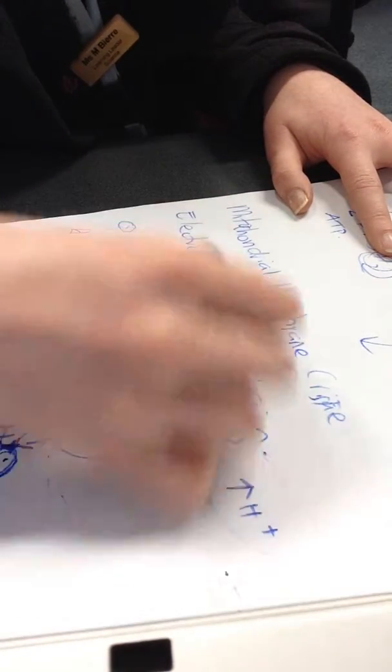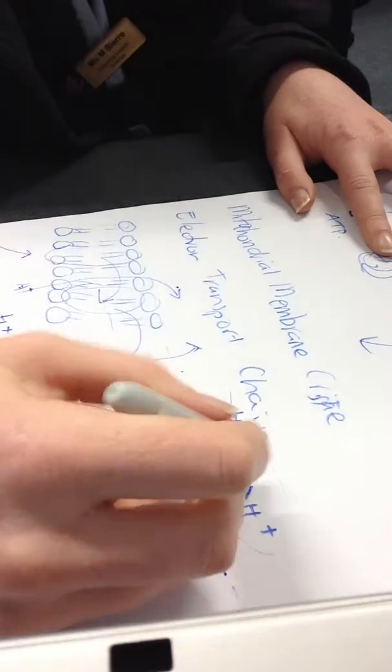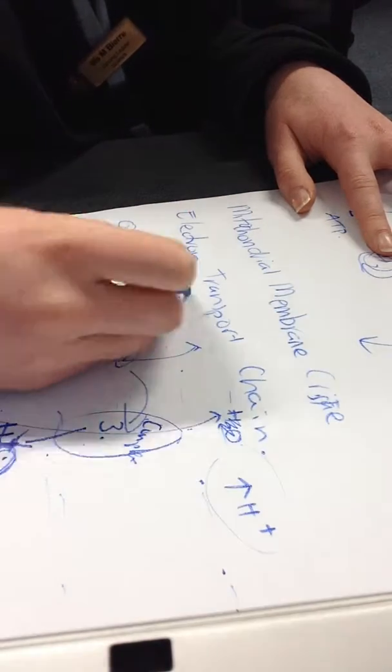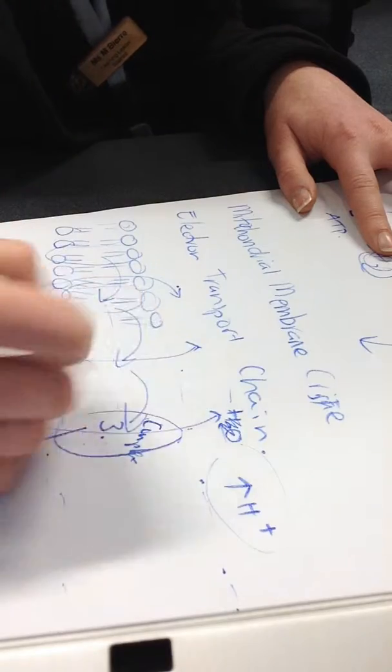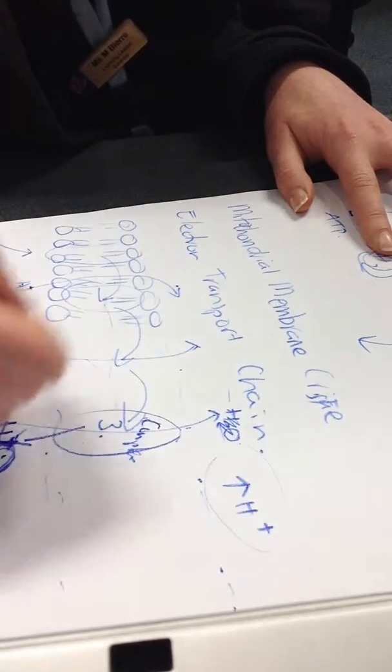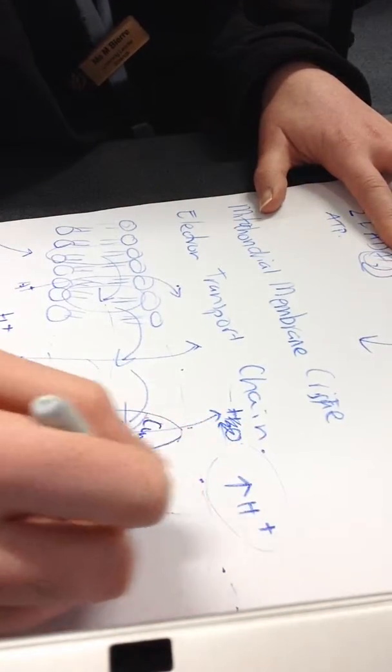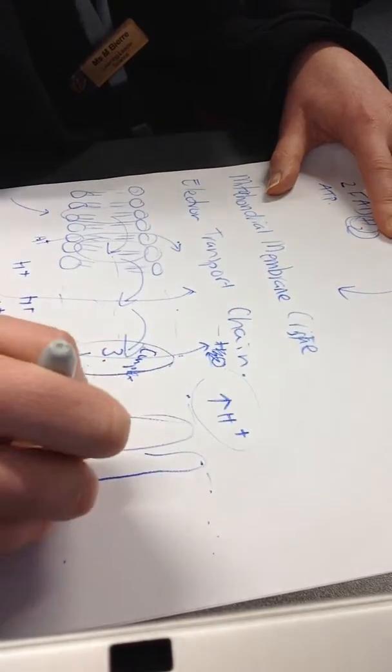What also happens is, because there are so many hydrogens on one side of the membrane compared to the other, they want to come down. These proteins are all pumping the hydrogens across as the electrons move down the membrane. And you've got a big protein called ATP synthase.